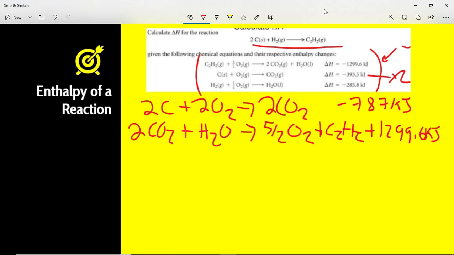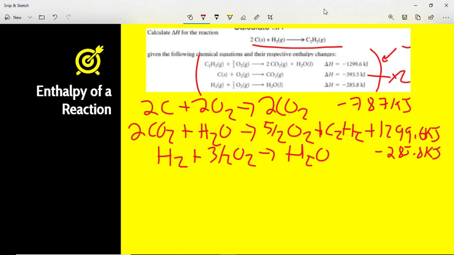And we take a look at the last equation. Well, I need to get H2 on my reactant side, so let's leave that as is. So we have H2 plus 3 halves of O2 yields H2O. We left it as is, so that's going to be negative 285.8 kilojoules. So let's see if we get stuff to cancel.